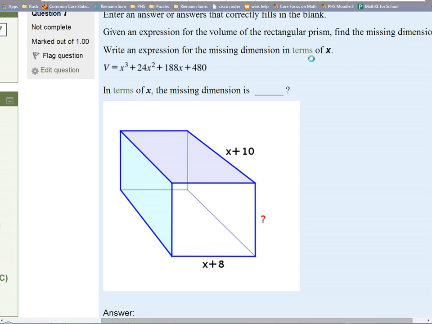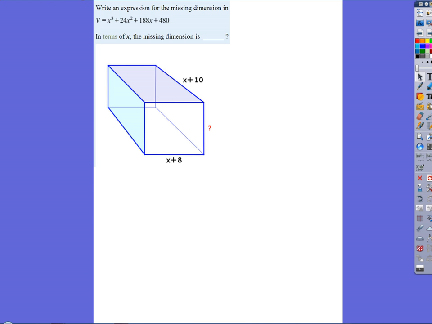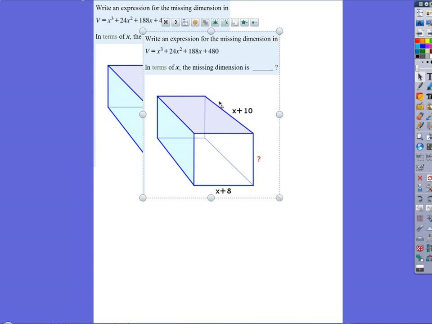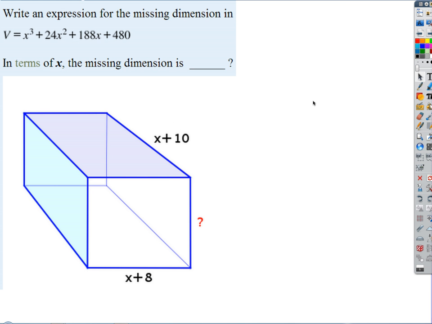Okay. What do I want to do? There we go. So we have to find the missing dimension. Well, what do we know here? We know that the product of the dimensions equals the volume.